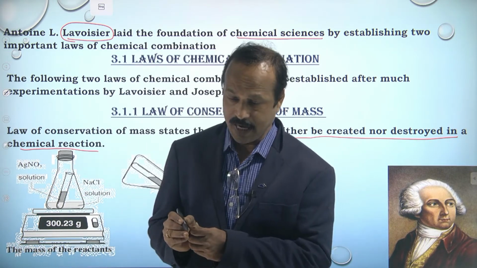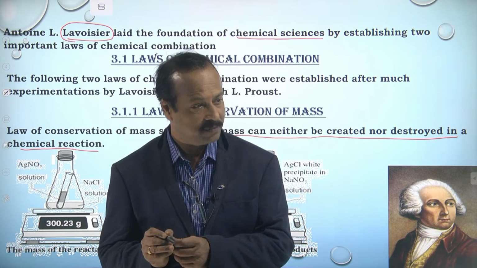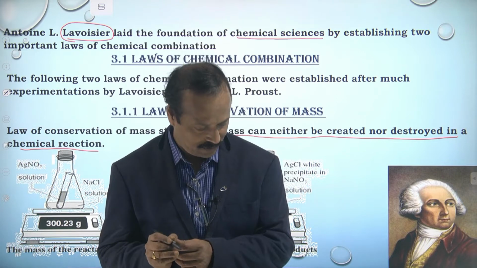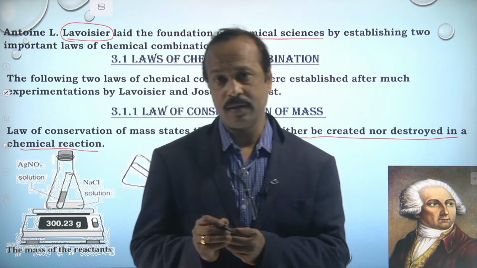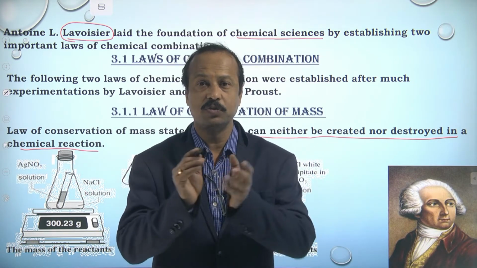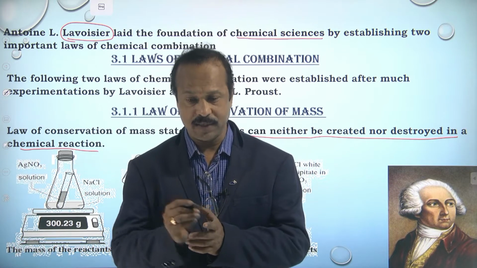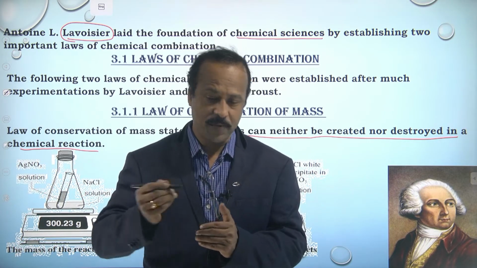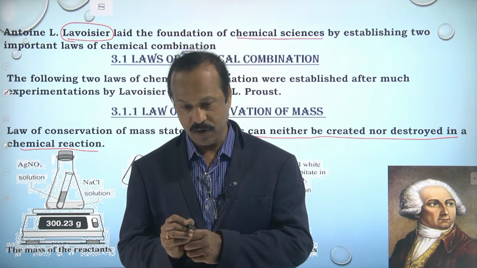Do you know what a reactant is? The substances which are undergoing the reaction, or combining, are called reactants. And what is actually formed after the reaction is called the products.